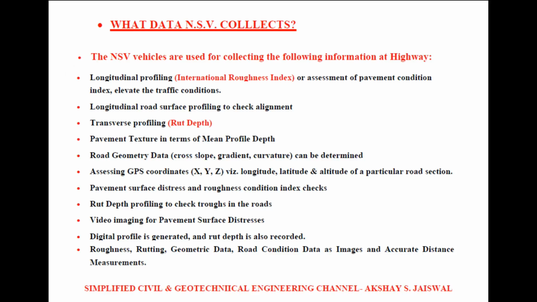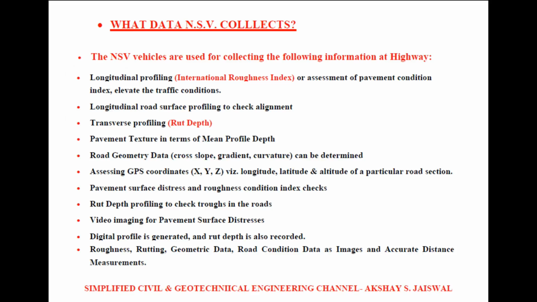The NSV vehicles are used for collecting the following information on highways: longitudinal profiling or assessment of pavement condition index, traffic conditions. Next one, longitudinal road surface profiling to check alignment, transverse profiling, pavement texture in terms of mean profile depth, road geometry data such as cross slope, gradient, curvature.